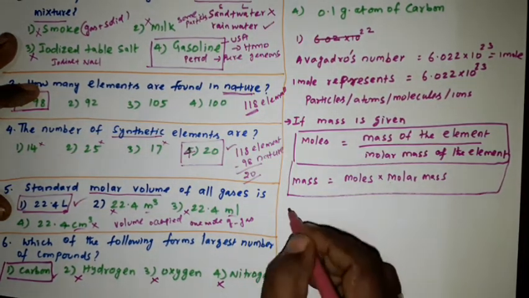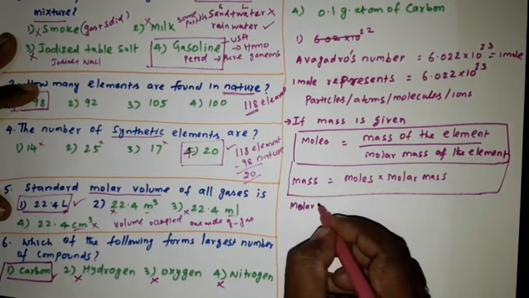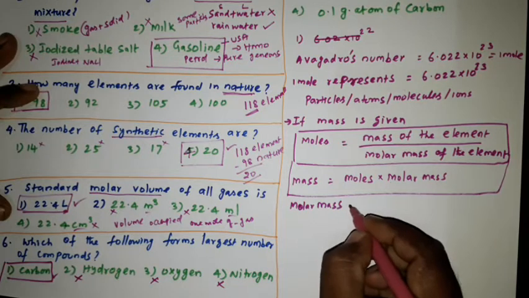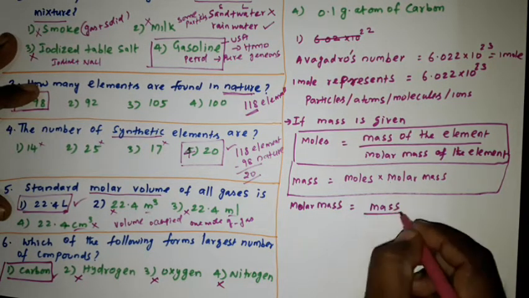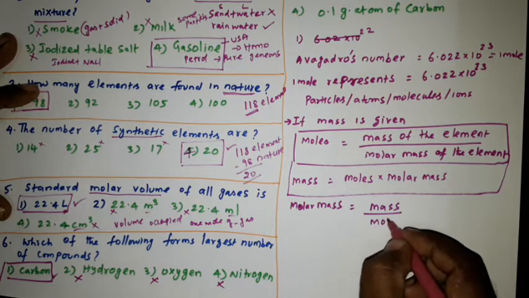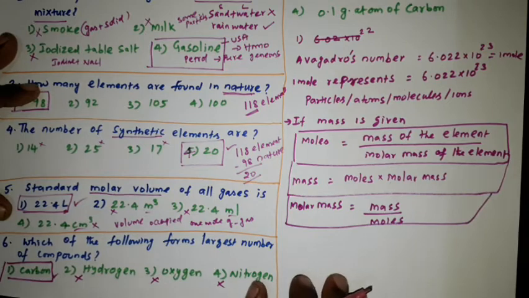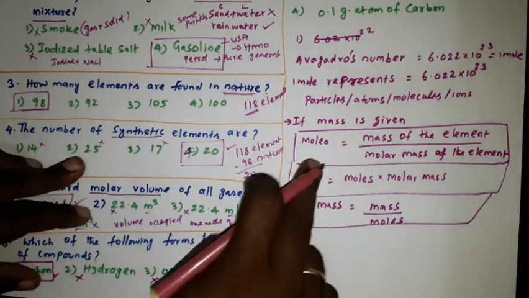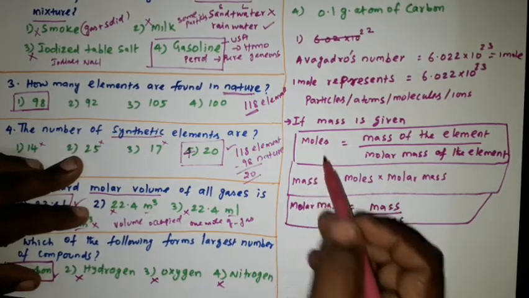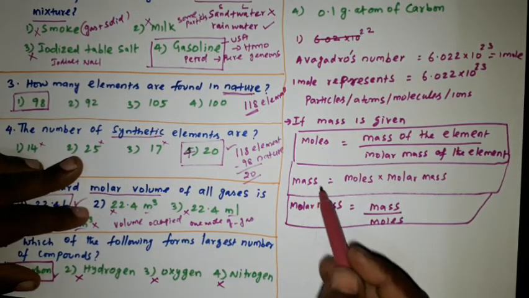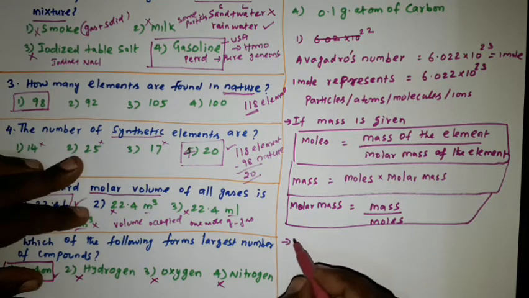In case you want to calculate molar mass, molar mass equals mass divided by moles. These are the formulas. There are 3 formulas: you can calculate moles, you can calculate mass, you can calculate molar mass. Then another one.